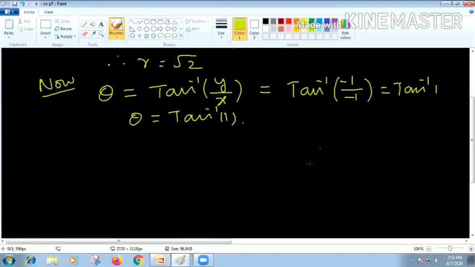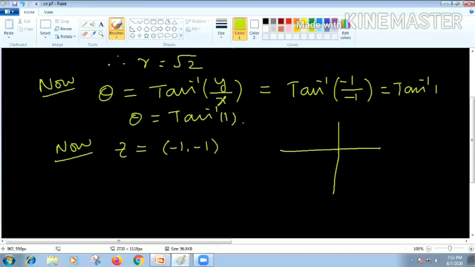But one thing you should remember, the angle belongs to Q3. If you take the given complex number as an ordered pair, it is minus 1 and minus 1. So that point will be in the third quadrant. So here theta belongs to Q3.